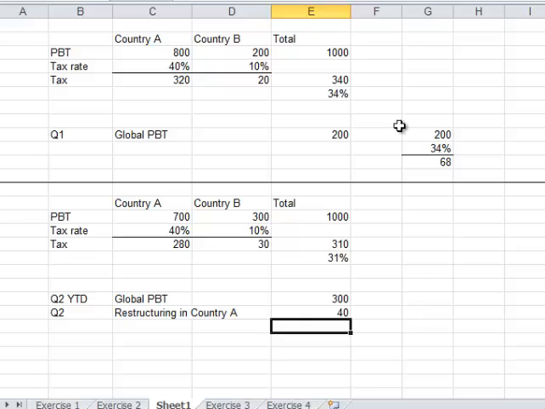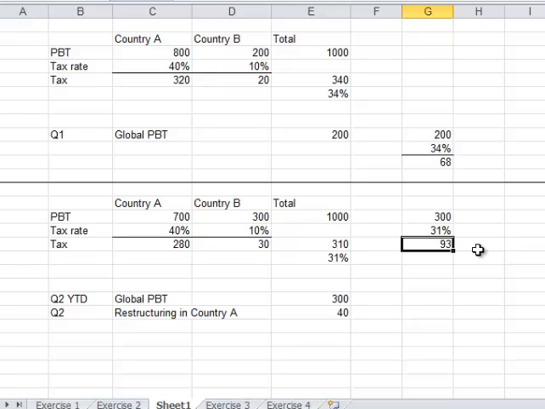So our Q2 provision, I'm just going to slide this back into the screen. The first thing we're going to do is we're going to do our year-to-date provision on ordinary income. Okay, this is a little unstructured the way I'm going to do it here, but our year-to-date income on ordinary income is $300, and our annual effective tax rate, we think, is going to be 31%.